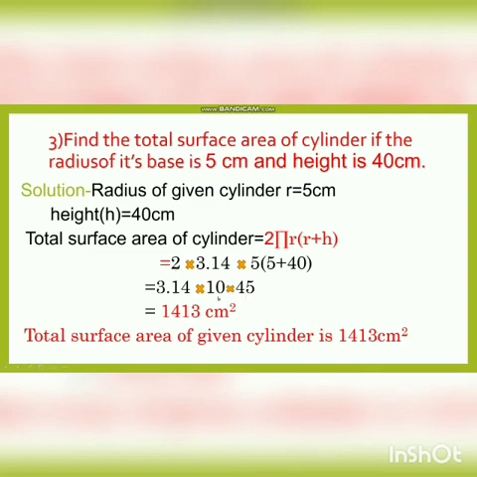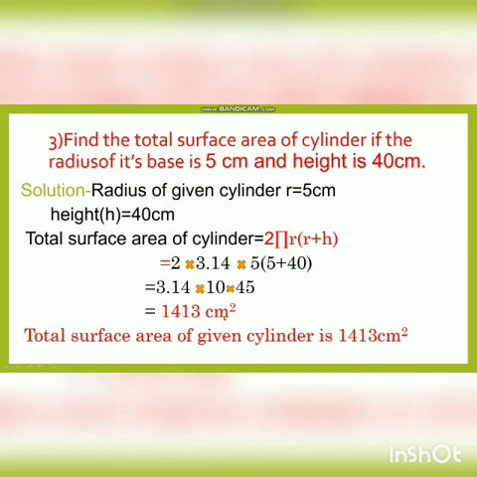Multiplication of 2 into 5 is 10. So our step is 3.14 into 10 into 45, which is equal to the total surface area of cylinder. After multiplication you get 1413 centimeter square.